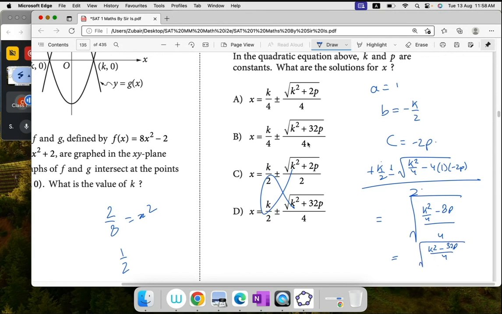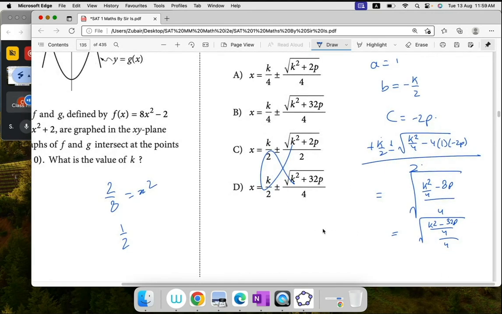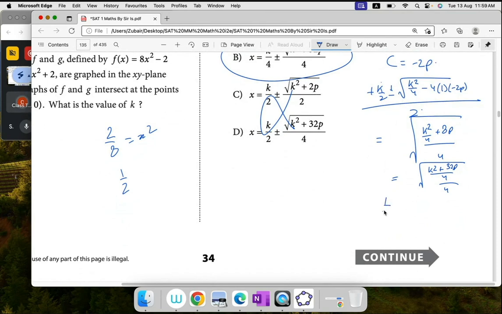This is actually outside. 16 outside becomes 4 again. And this was plus. So B. Any doubt in simplification? It's a long question, but it's easy. So this would become k square plus 32p over 16. And when 16 comes out, that is 4.